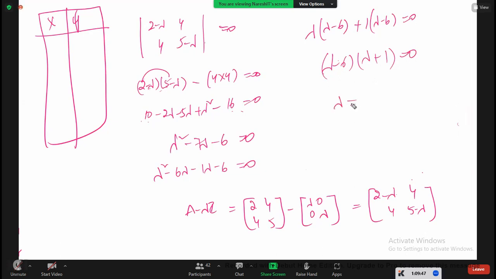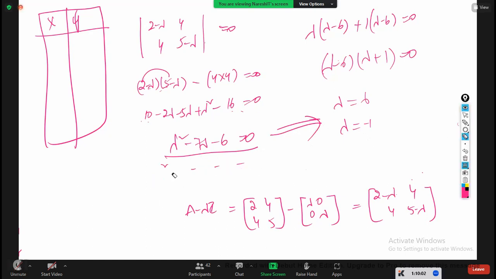Now what are the lambda values? One is 6 and one is minus 1. You know how to solve a quadratic equation, right? I'm just solving the quadratic equation and getting the lambda values, nothing else. Is that clear? This is called the calculation of the eigenvalues.